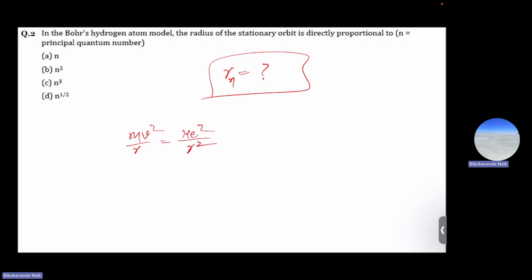r square. Again, we can write mv square by r equals k, which is 1 by 4 pi epsilon 0, e square by r square.